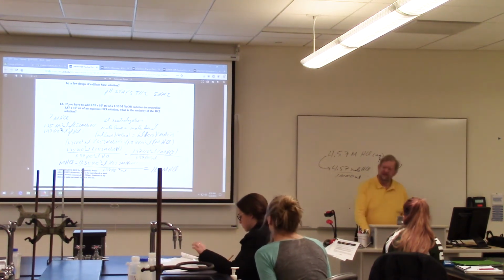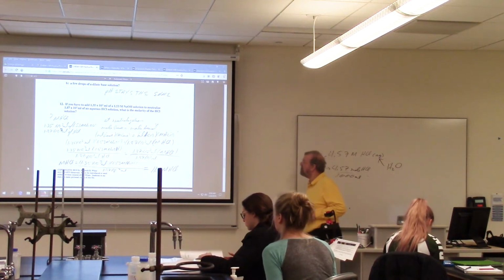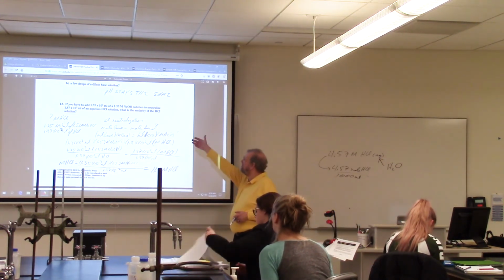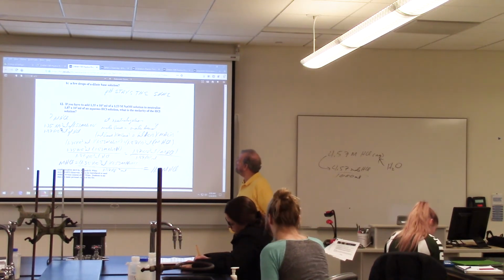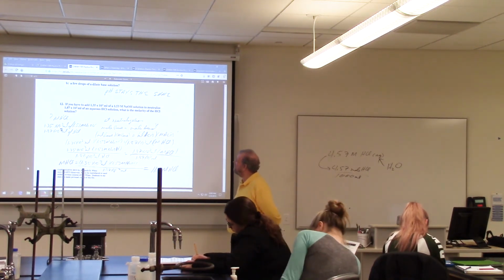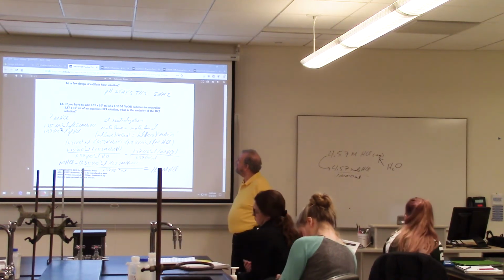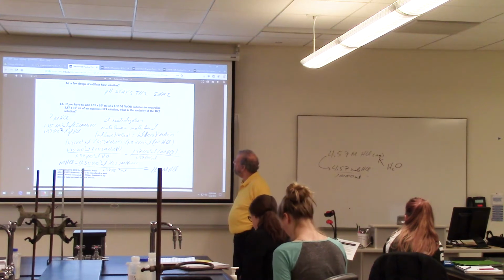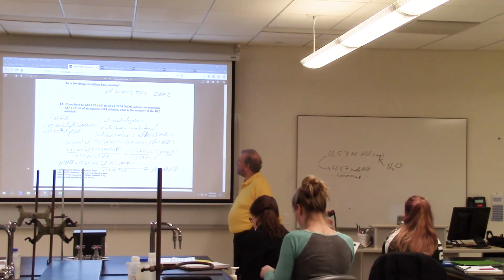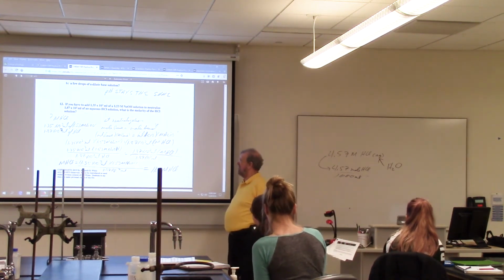For titration, if you have to add 1.35 times 10 to the third milliliters of 1.35 molar NaOH solution to neutralize 1.87 times 10 squared of an aqueous HCl solution, what is the molarity of the solution? And the answer is, find out.